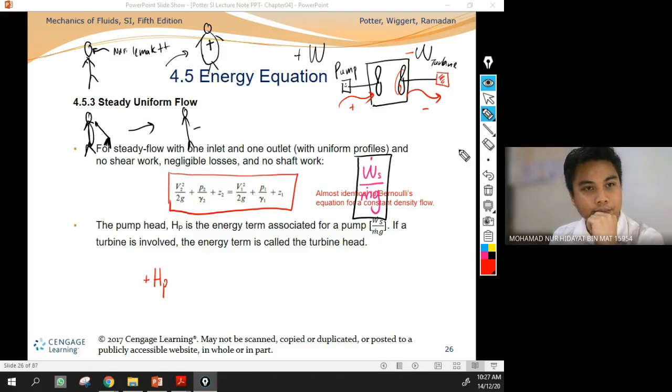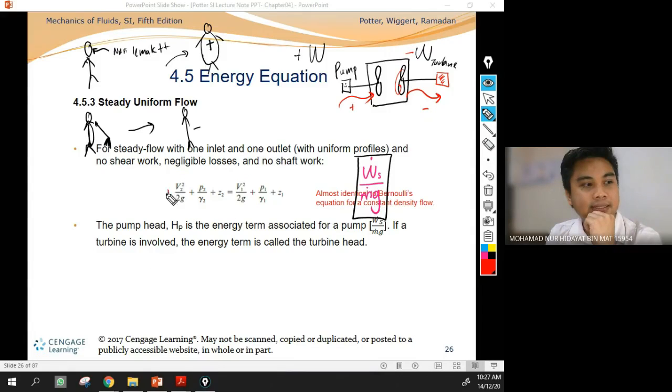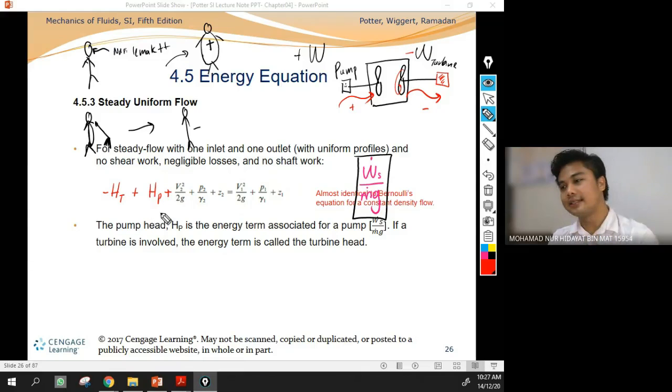If there is the pump, you have to plus the head of the pump. If there is the turbine, the turbine is minus. So you have to plus minus the head of the turbine. So this equation is related to the energy equation.